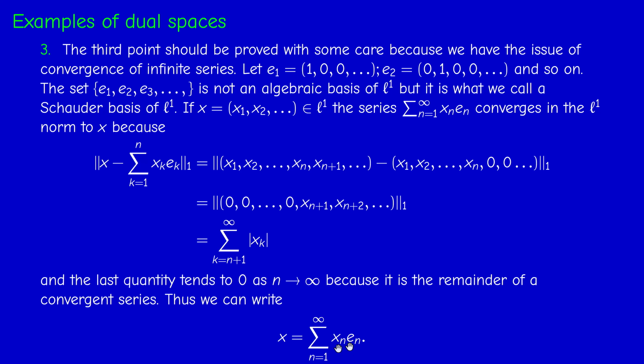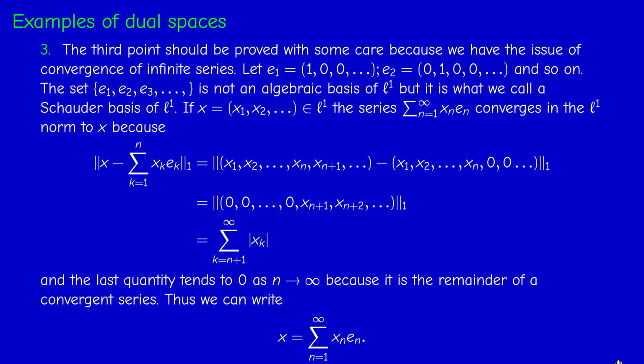Here you have to understand that x is a vector in an infinite dimensional space. The en are vectors, but small xn are real numbers. So this is an infinite linear combination of elements of the set. But once again, here we proved convergence. It's not an algebraic combination, because an algebraic combination is finite, but here this series is infinite.